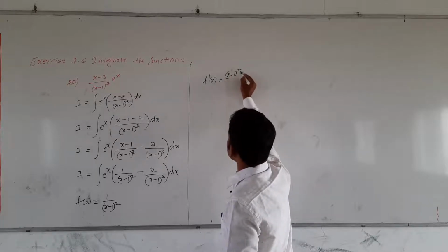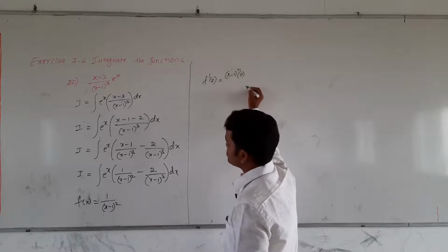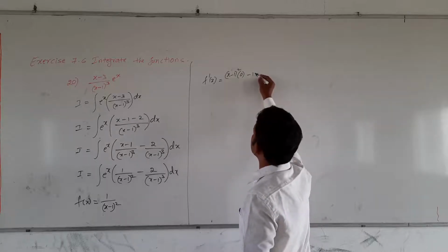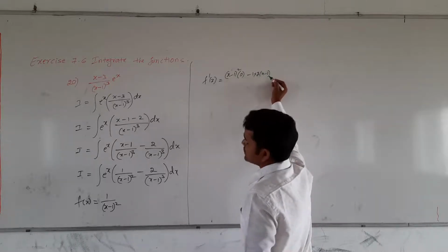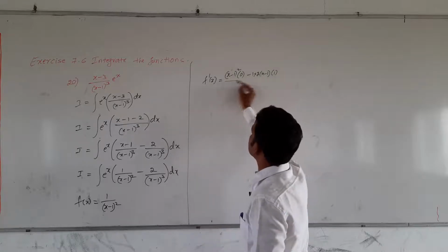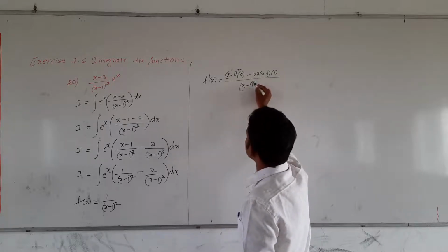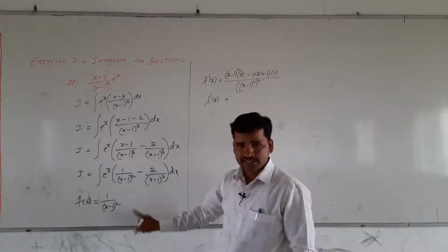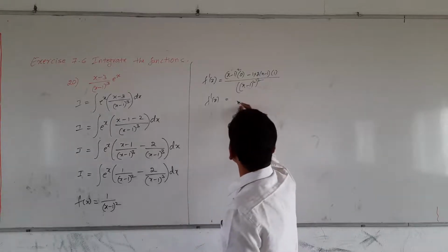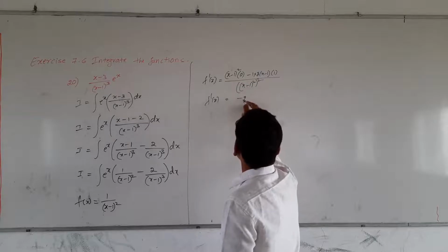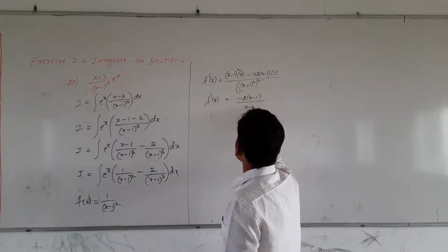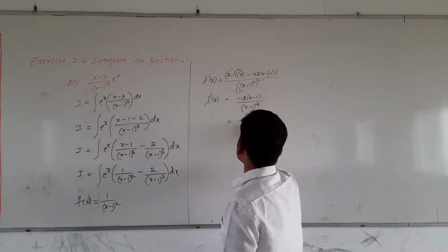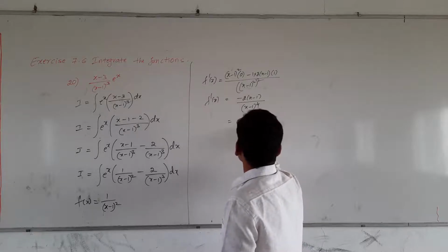V as it is, x minus 1 whole square as it is, the differentiation of 1 with respect to x is 0, minus 1 as it is, the differentiation of x minus 1 whole square is 2 into x minus 1 into the differentiation of x minus 1, which is 1, divided by x minus 1 whole square and again squared, because x minus 1 whole square is itself the v here, and one more square. This will be 0, that is minus 2 into x minus 1 divided by x minus 1 square whole square, it becomes 4 times, one time x minus 1 gets cancelled out.